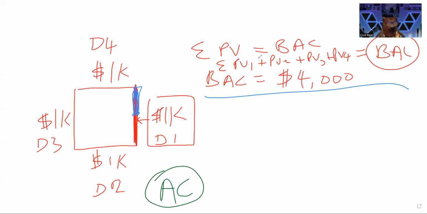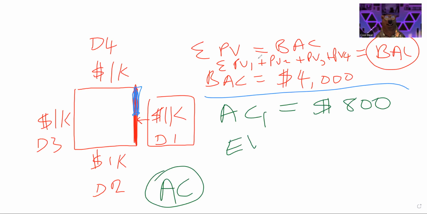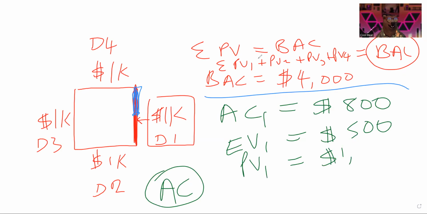So in this example, I'm going to give you a question that says, at the end of day one, the actual cost was $800. So now you have three metrics. You have actual cost, you have earned value, which we determined to be 500, and we have planned value, which we have deemed to be $1,000.